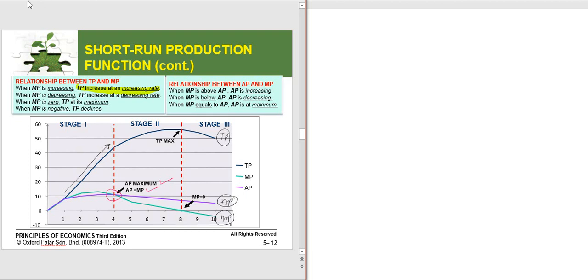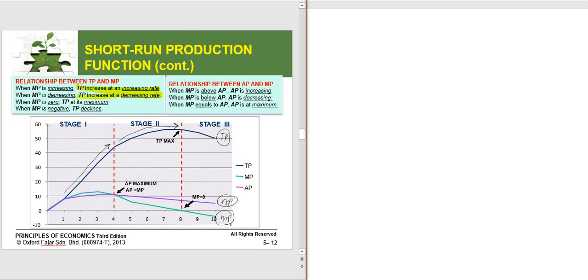Okay, stage 2. Now we are going to look at what happens at stage 2. Stage 2 is where your total product will increase at a decreasing rate. So you can see the curve is a bit flatter as compared to stage 1 here. So that is where total production increases at a decreasing rate.